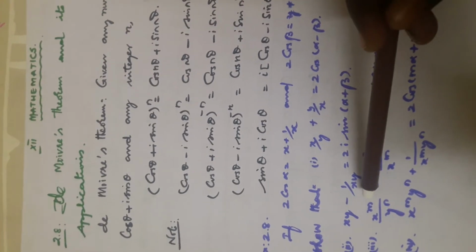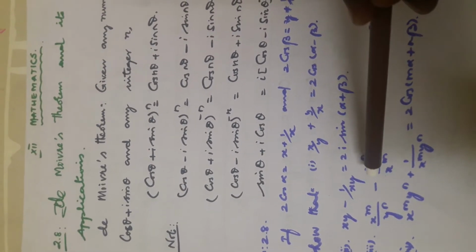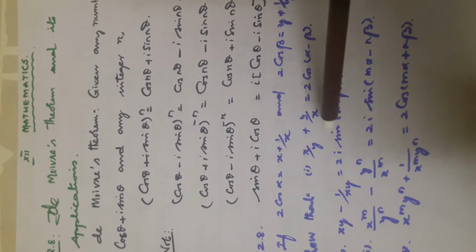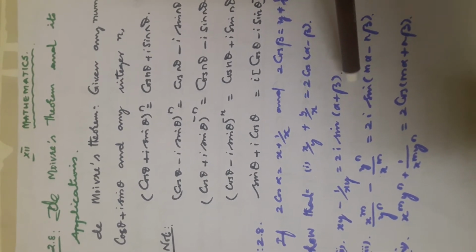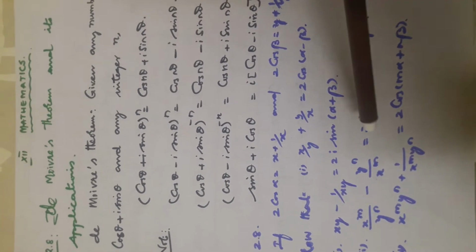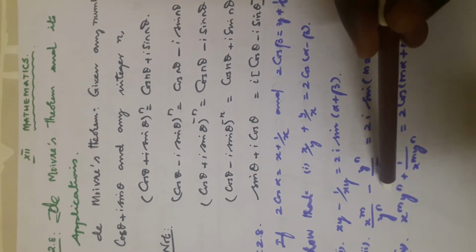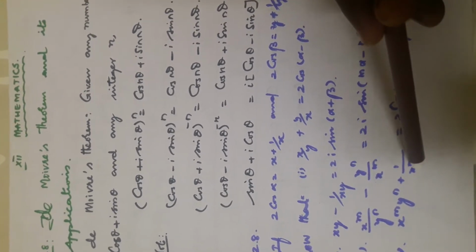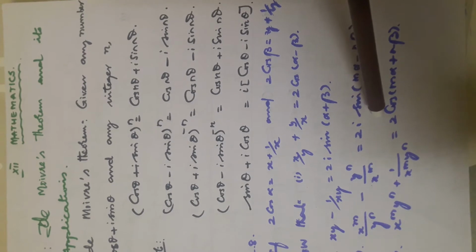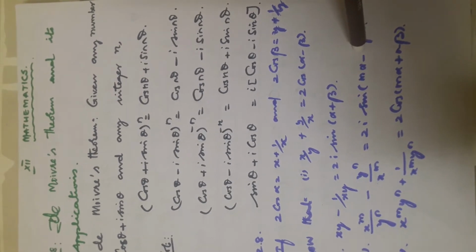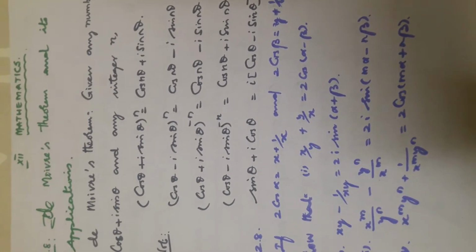And the third one: x power m by y power n minus y power n by x power m equals 2i sin(m alpha minus n beta). And the last one: x power m y power n plus 1 by x power m y power n equals 2 cos(m alpha plus n beta). So this is one of the 5-mark questions.